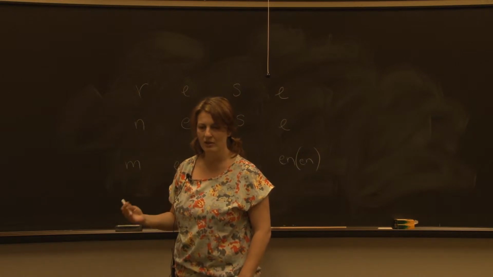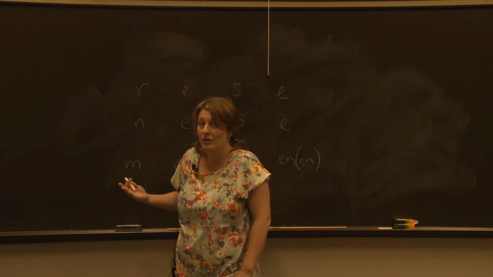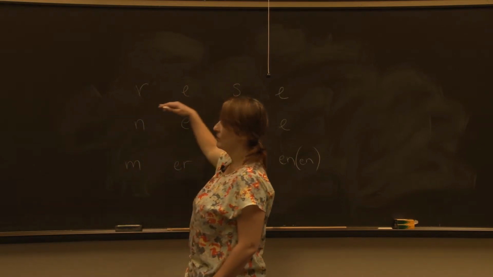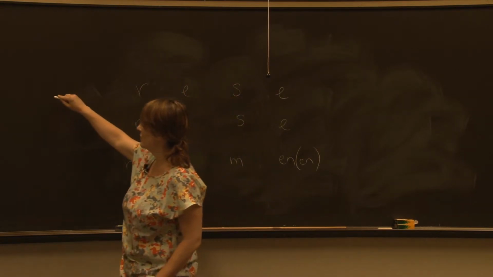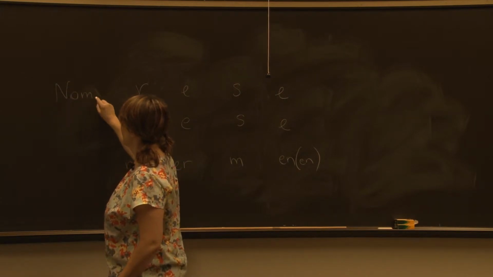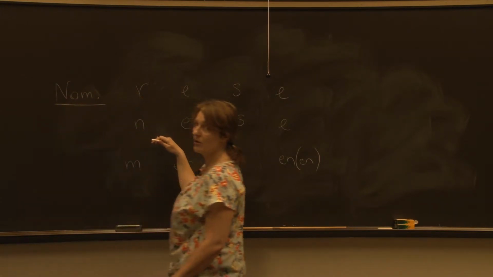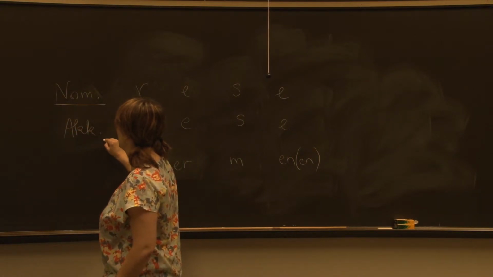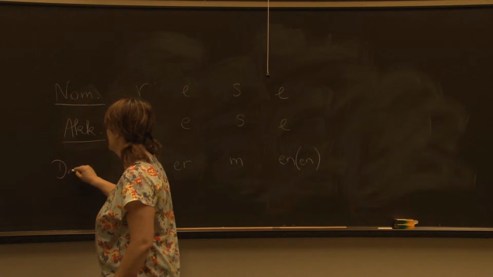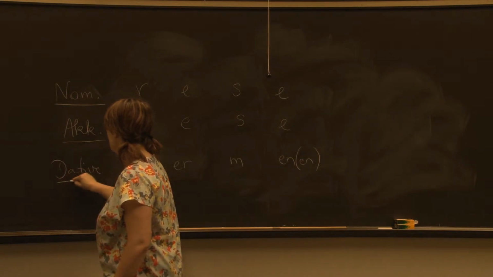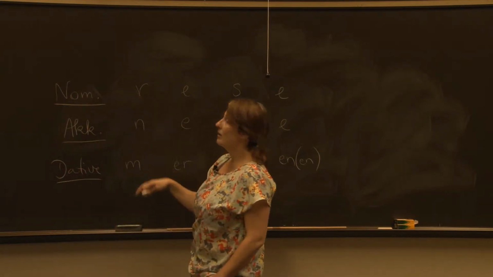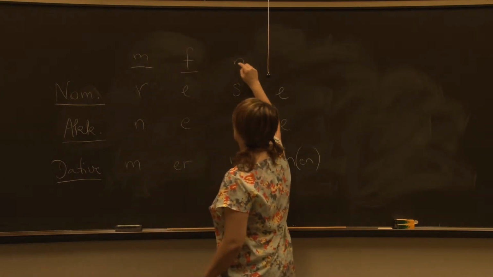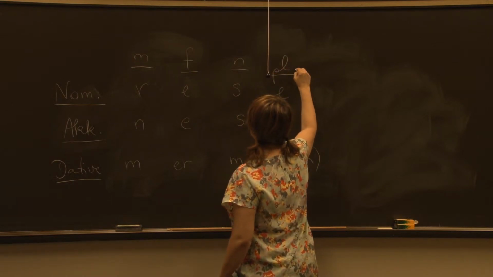But if you're new and you're starting with me in level 4, you might not know what this is about. Well, here we have, the first row is for the nominative. The second row is accusative. And the third one is dative. The columns are for masculine, feminine, neutral, and plural.